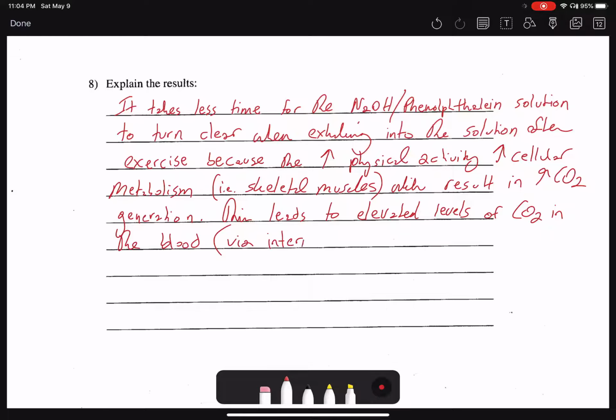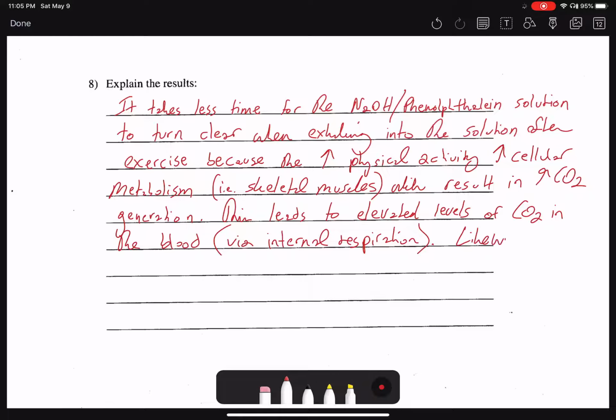Internal respiration is where we have gas exchange at the level of the blood vessels and the tissues, more specifically, the blood vessels over systemic circulation and those tissues which those blood vessels service. So CO2 is leaving the cells and going into the capillaries that service those cells.